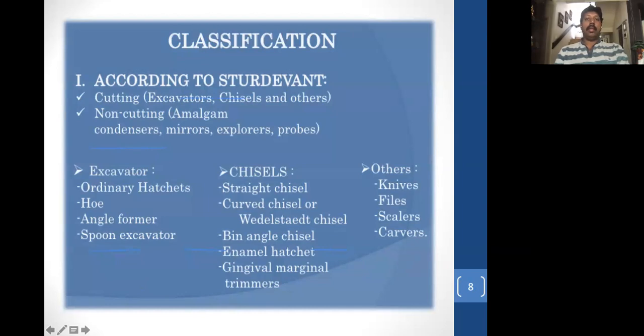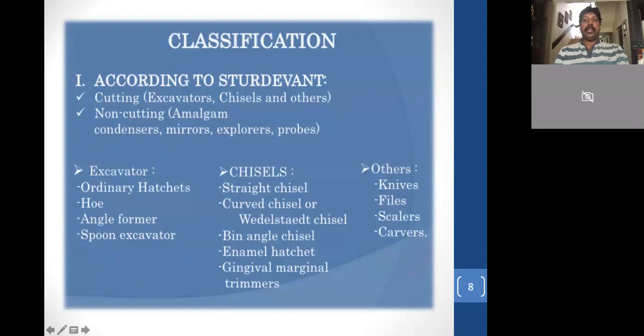So then comes classifications. Classification-wise, what happens? It is majorly cutting.